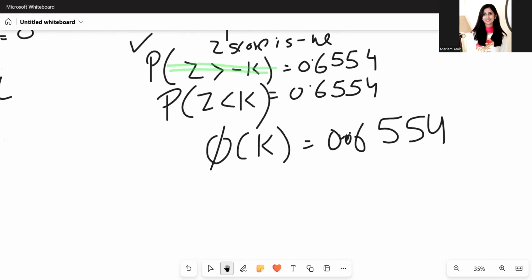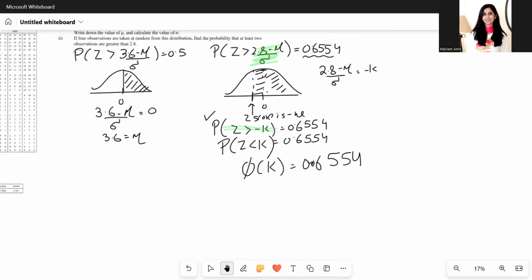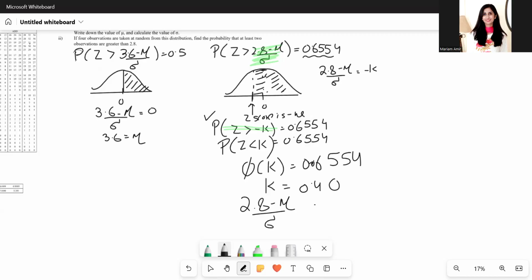So k is equal to 0.40, which means (2.8 minus mu) upon sigma is equal to minus 0.4. So we already know the value of mu, that was 3.6. Now rearrange and find sigma from here, which will come out to be 2.